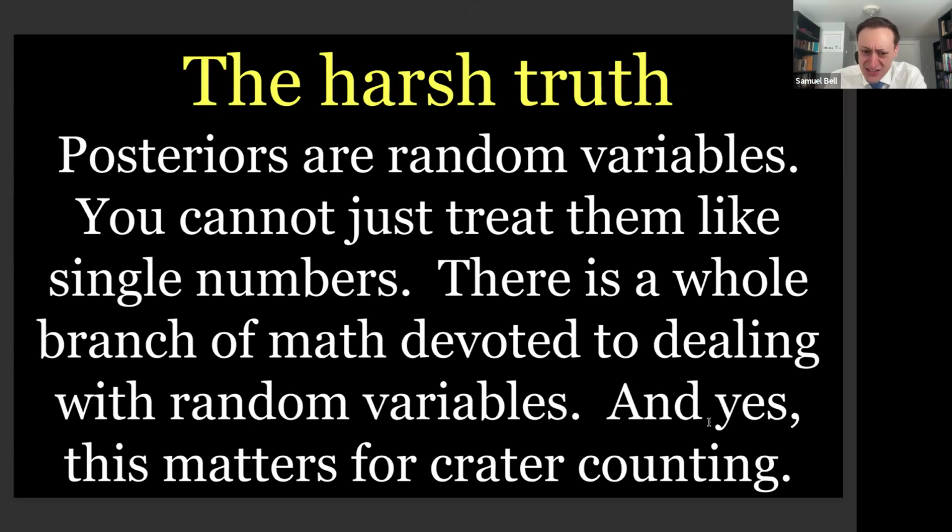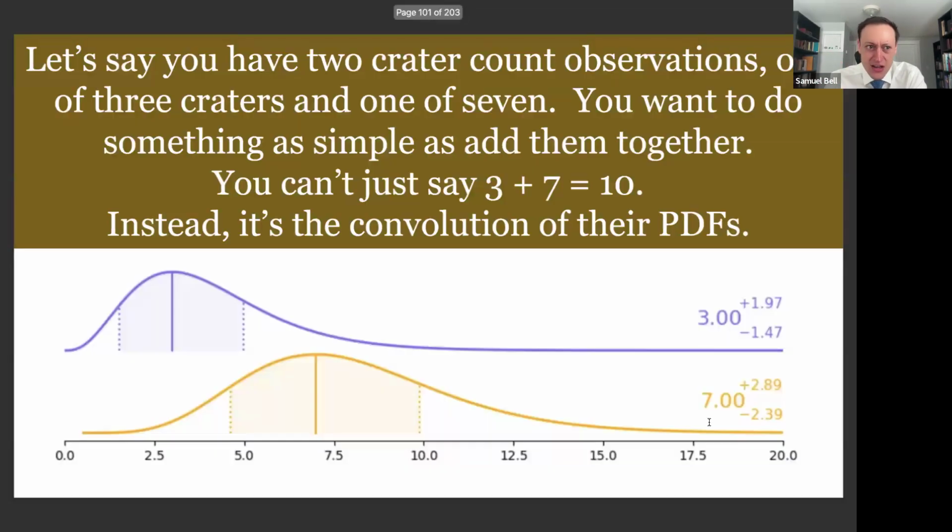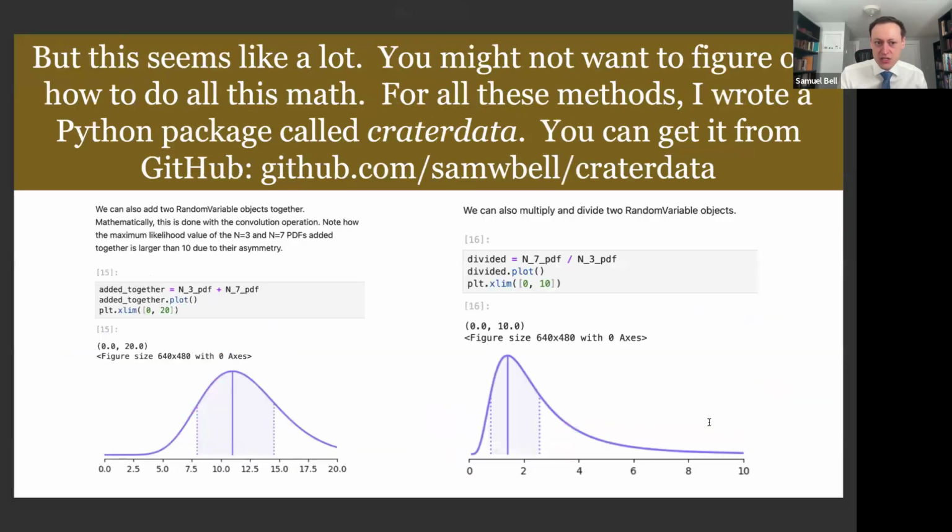And yes, this does matter for crater counting. Let's say you have 2 crater count observations, one of 3 craters and one of 7. You want to do something as simple as add them together. You can't just say 3 plus 7 is 10. Instead, it's the convolution of their PDFs.